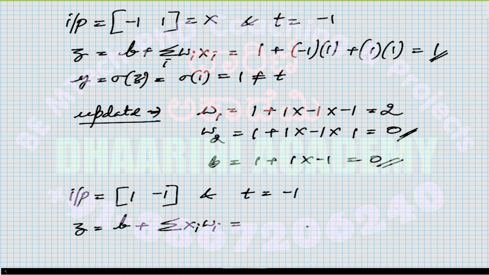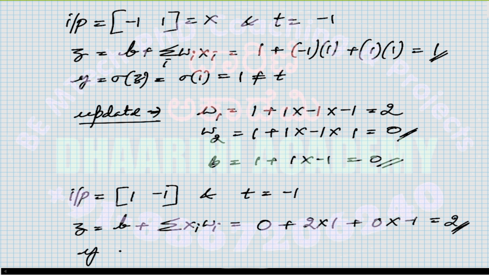So what we do now, how do you calculate? So the bias, you can see bias is 0, previous bias, plus it's wi into xi. So w1 is 2 and the input is 1, plus second one is 0 into -1. So this is, now z is equal to 2.